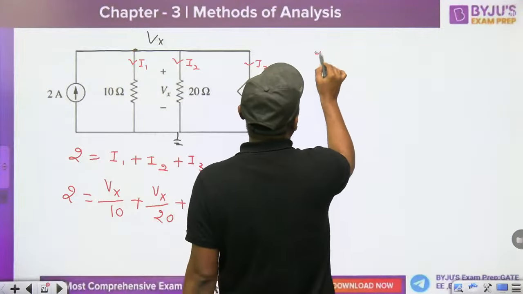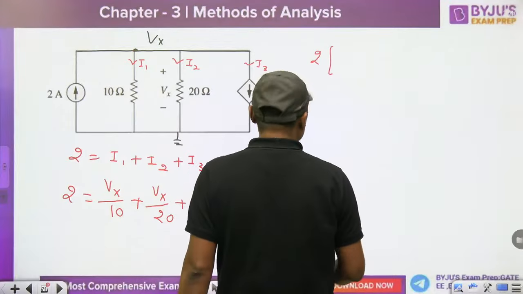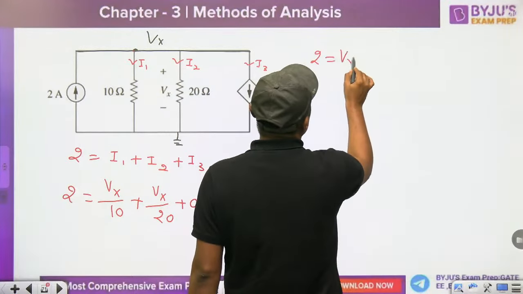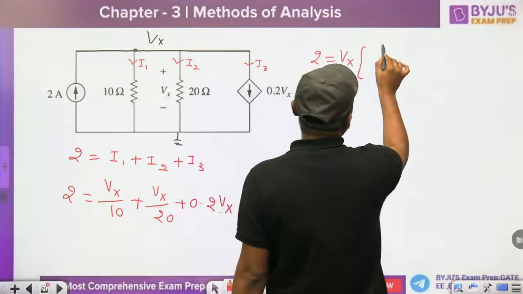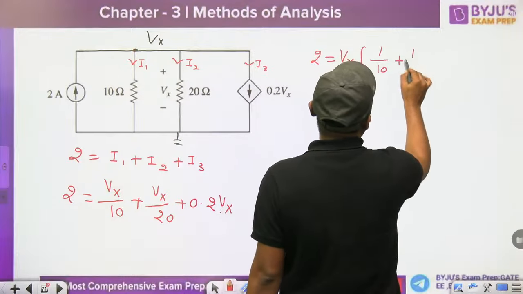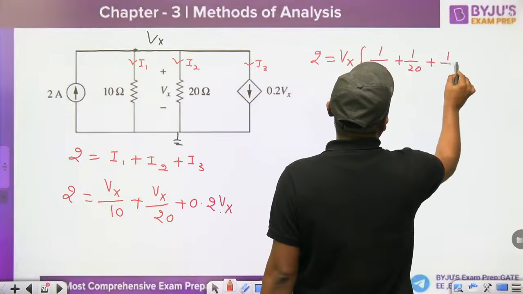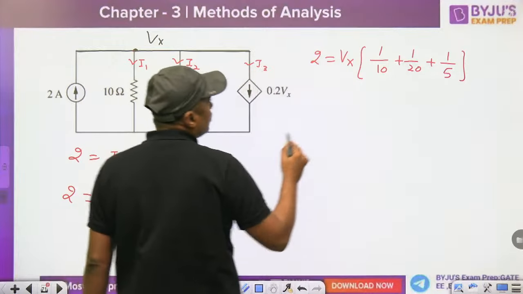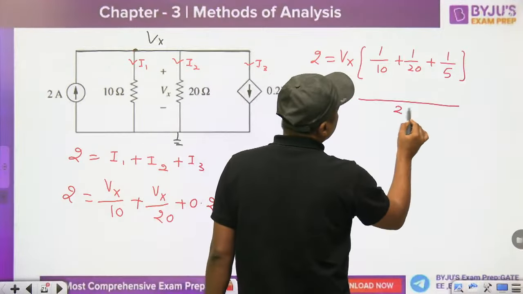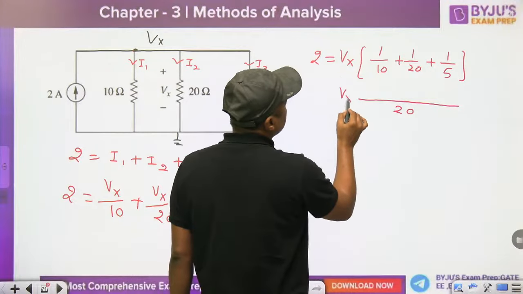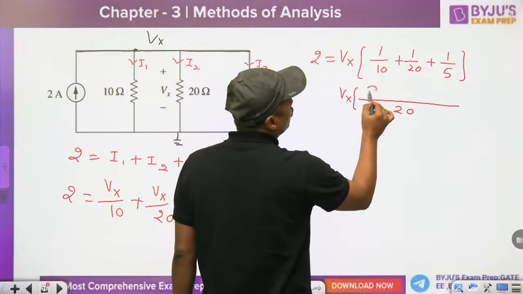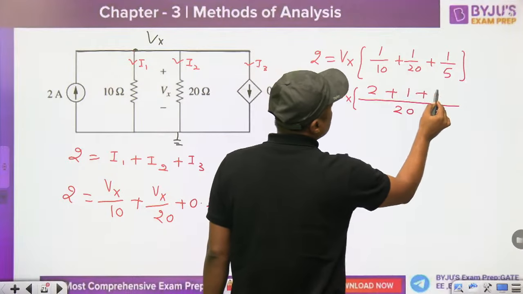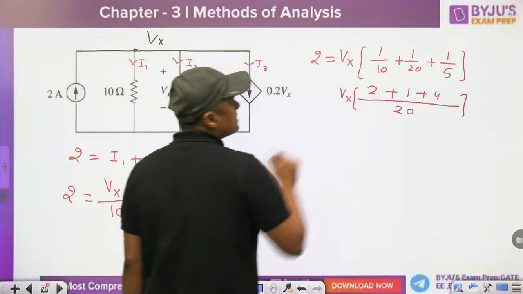Now you can take Vx as common. Inside the bracket, 1 by 10 plus 1 by 20 plus 1 by 5. That is, 0.2 is written as 1 by 5. Now you can take 20 as the LCM. Then it will become 2 plus 1 plus 4, that is 7.